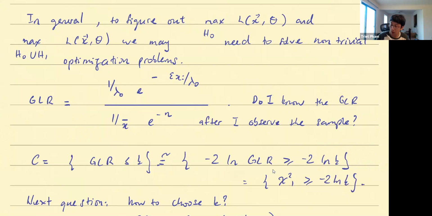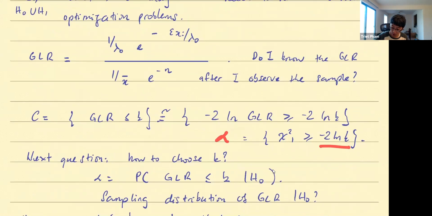And then clearly, if this is equal to alpha, then you got this object to be chi-square of 1 minus alpha, as the quantile. And then you can solve for k.